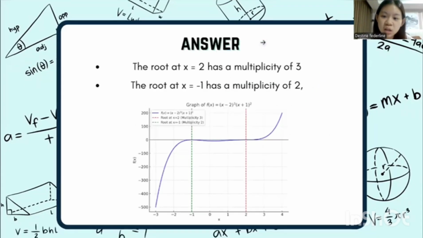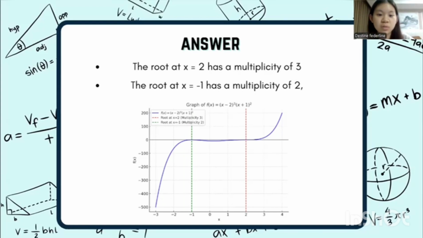So for the answer, the root at x equals 2 has a multiplicity of 3, which means the graph will cross the x-axis at this point, but with a flattening effect, creating a cubic-like behavior.